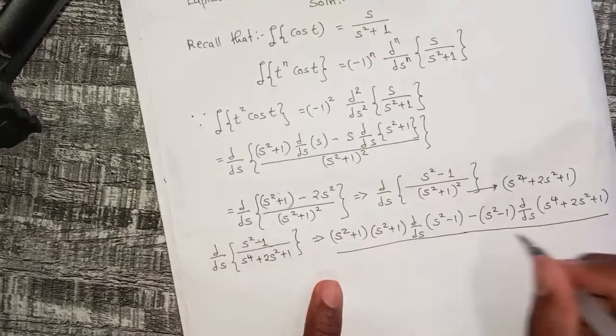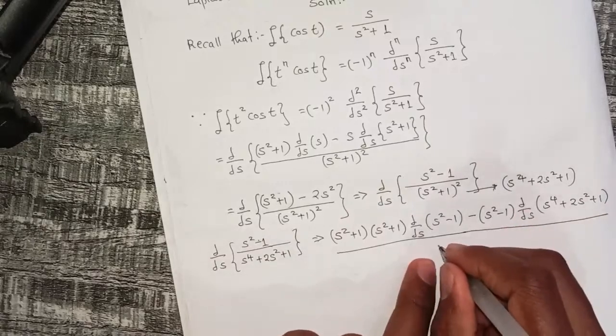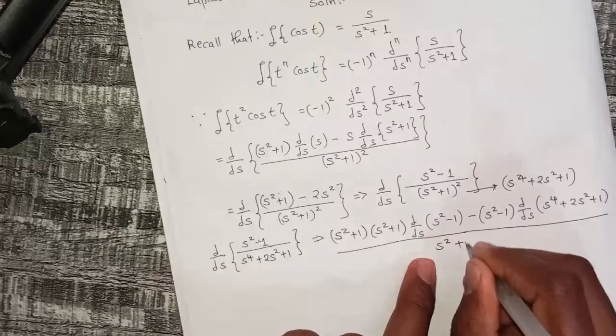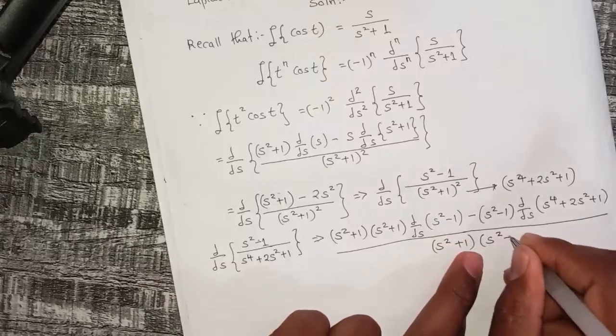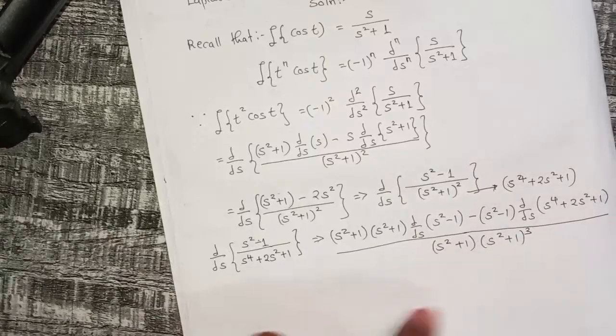You divide everything by s squared plus 1 into s squared plus 1, everything cubed.